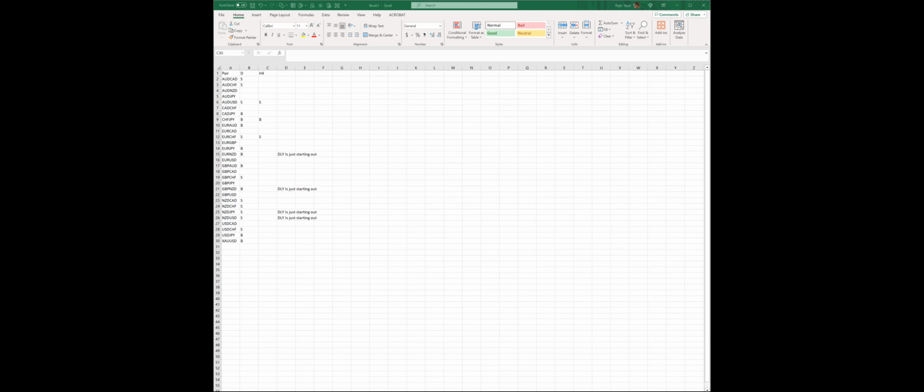the Euro Swiss. And I put the ones where the daily is also set properly. It's just starting out. It will be the Euro NZD.